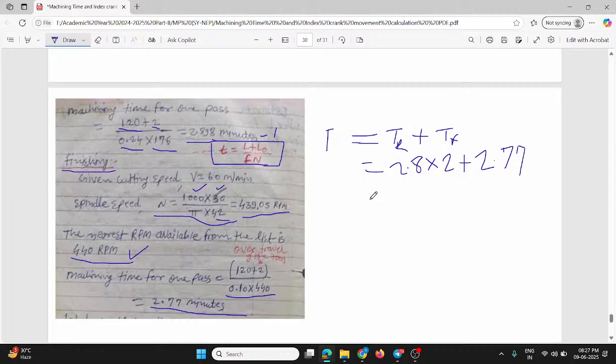This will give you the total machining time, which comes to around 4 point something minutes. So in minutes, you are going to get the machining time.